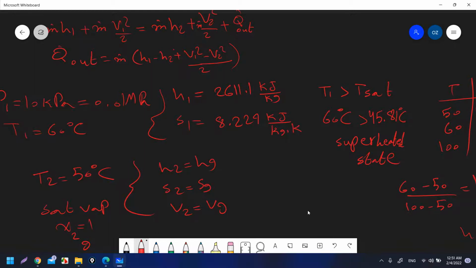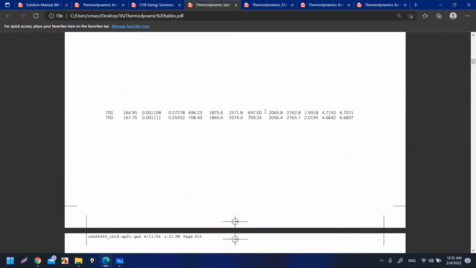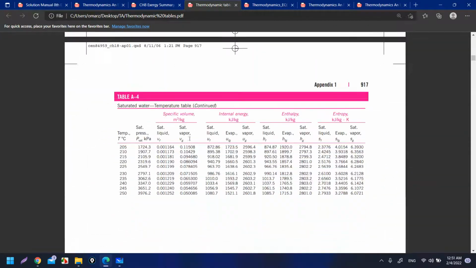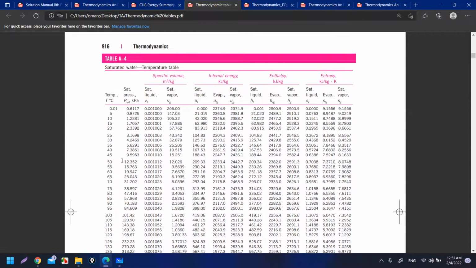For state 2, I have only temperature, so I will go to table A4, the temperature table, at 50 degrees Celsius. He said saturated vapor, so I get vg, hg, and sg.